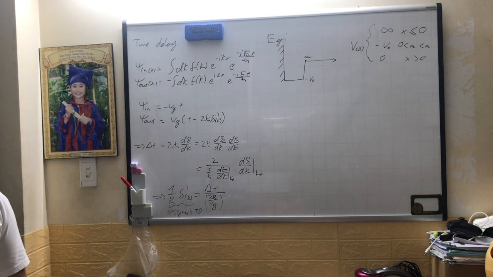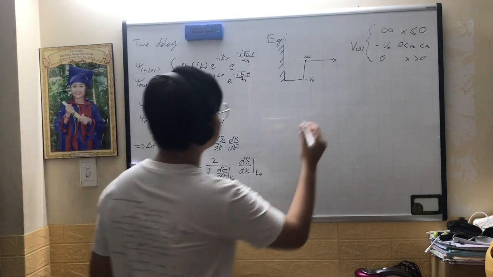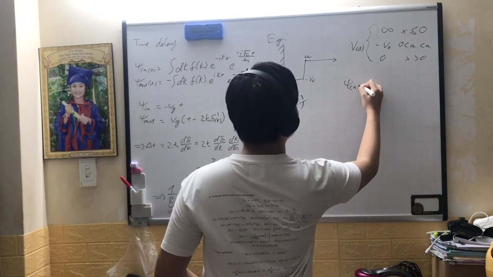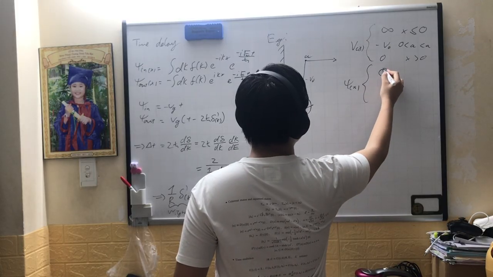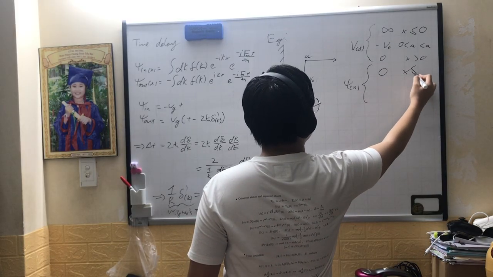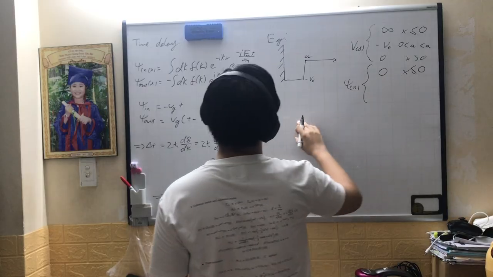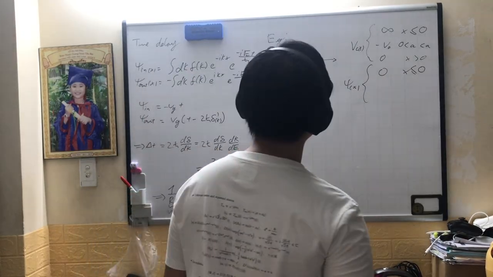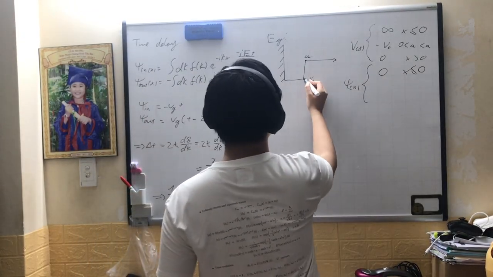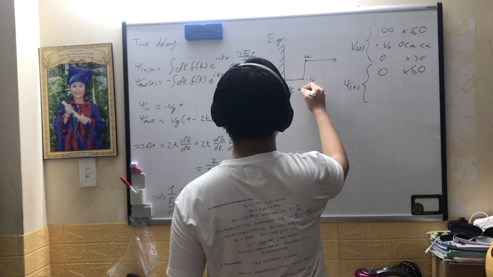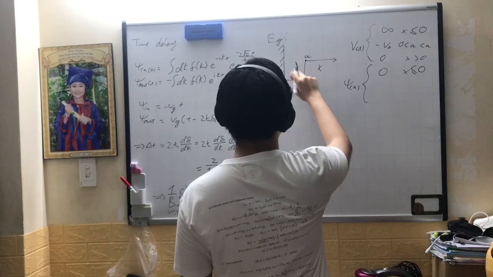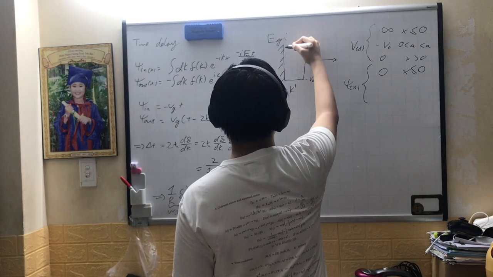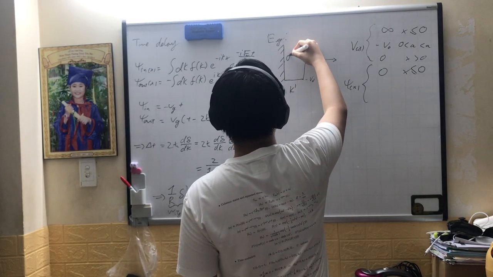Now, what would be our wave functions? The wave function here would be 0 when x is less than or equal to 0, as the potential is infinite. In this region, we take k prime. This is k. In this region, you can see that it vanishes at 0.